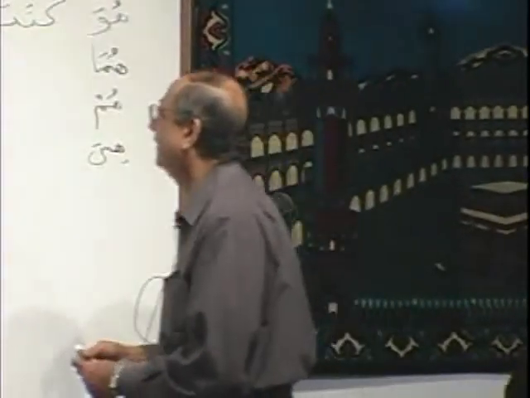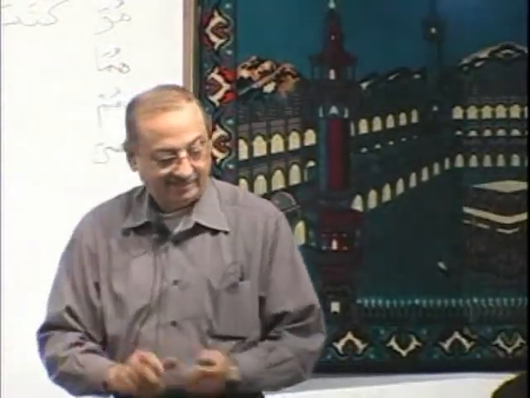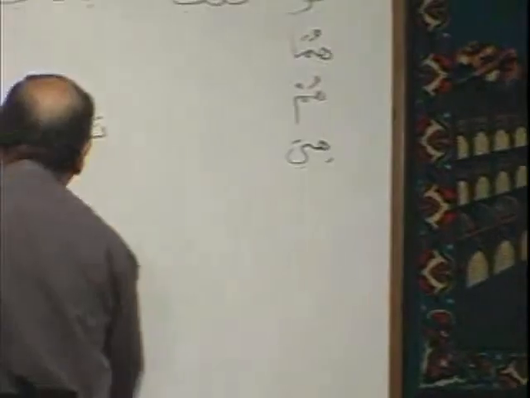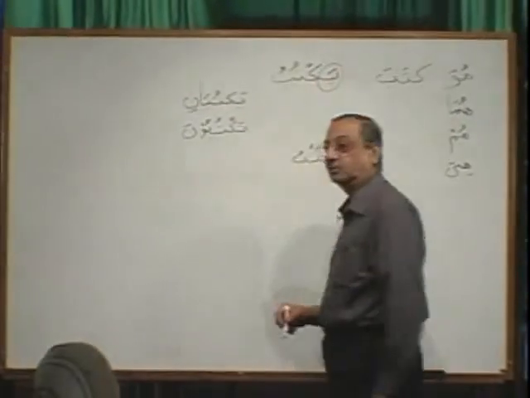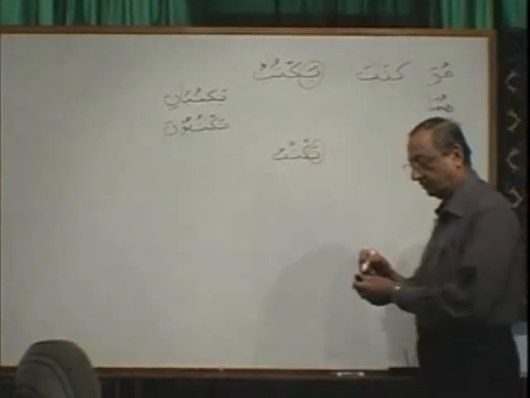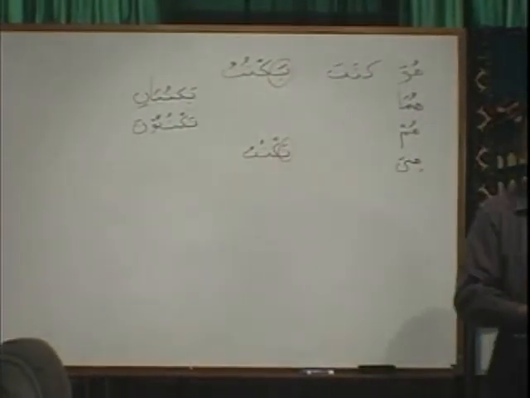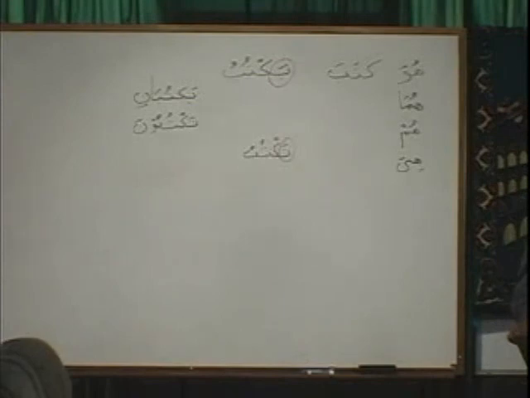What is this ta, brothers and sisters? Alamatu mudariya. This is also alamatu mudariya. Are you with me? So where is the file then? Mustatir. Got the idea?